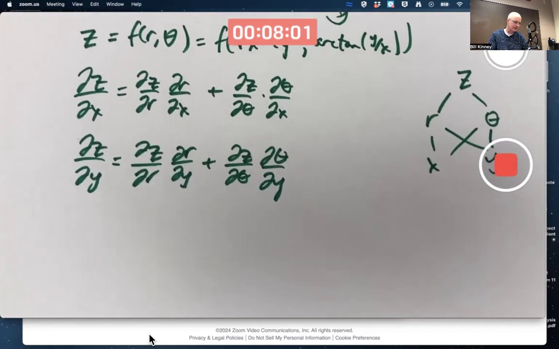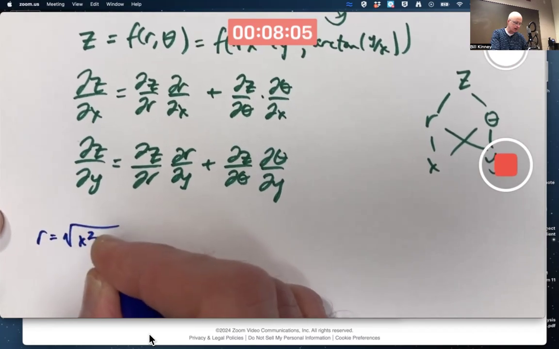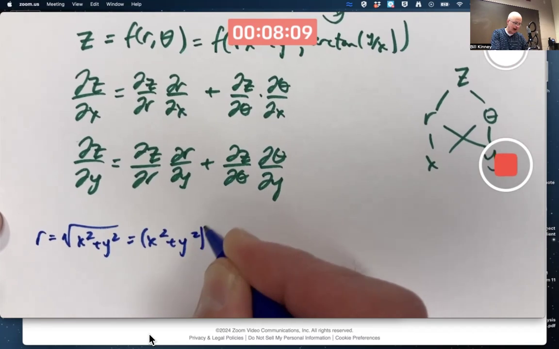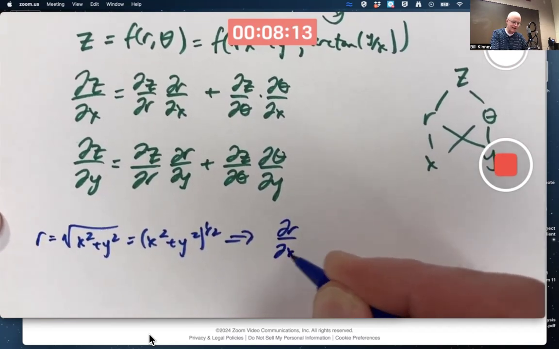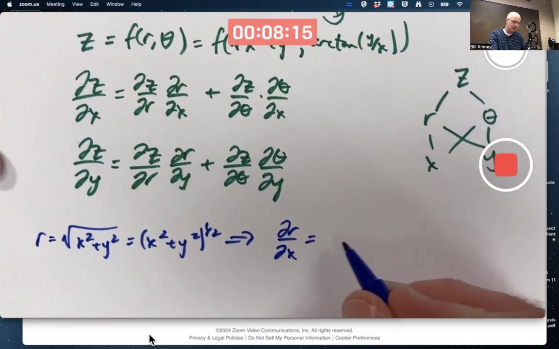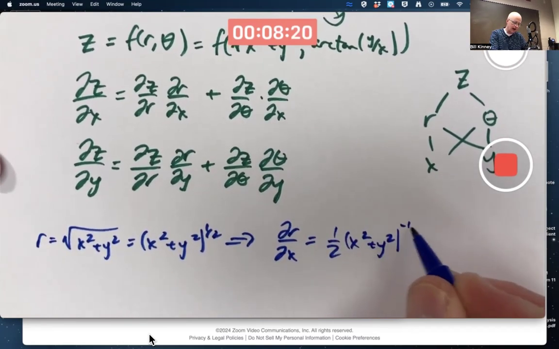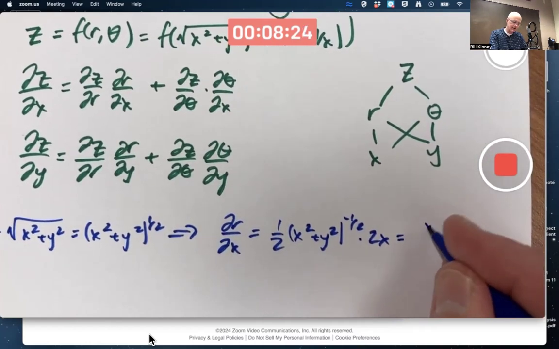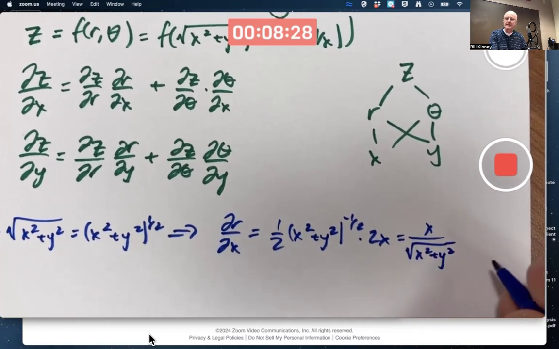So for example, r being the square root of x squared plus y squared, which is x squared plus y squared to the 1/2, means the partial of r with respect to x from the chain rule is 1/2 times x squared plus y squared to the negative 1/2 times 2x, which is x over the square root of x squared plus y squared, which should look familiar from the exam.